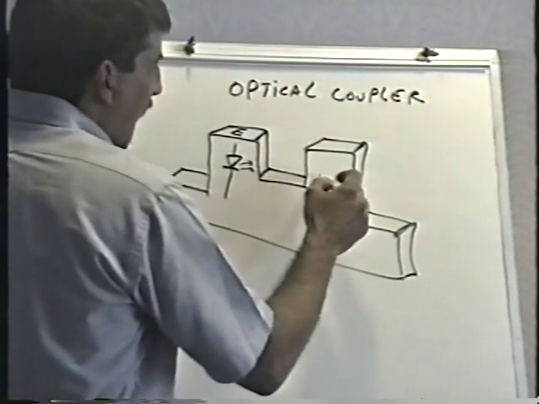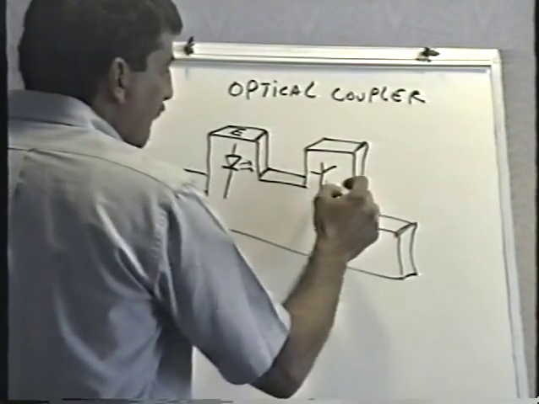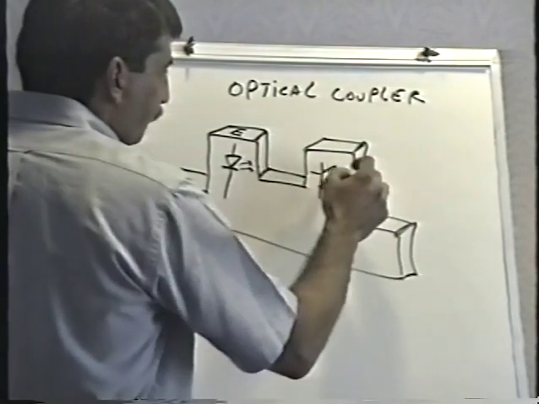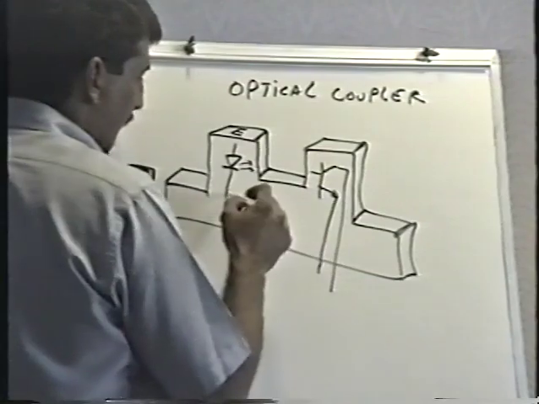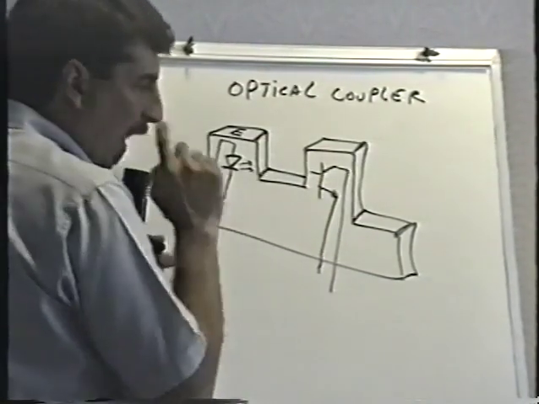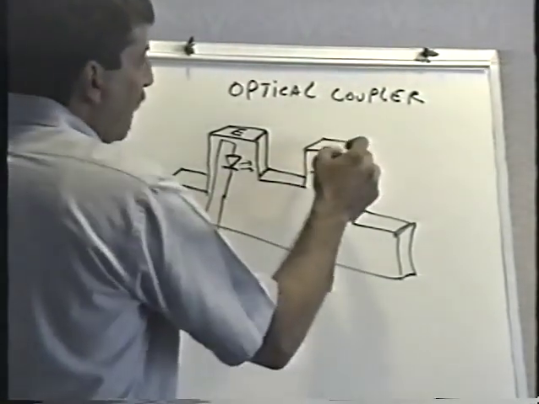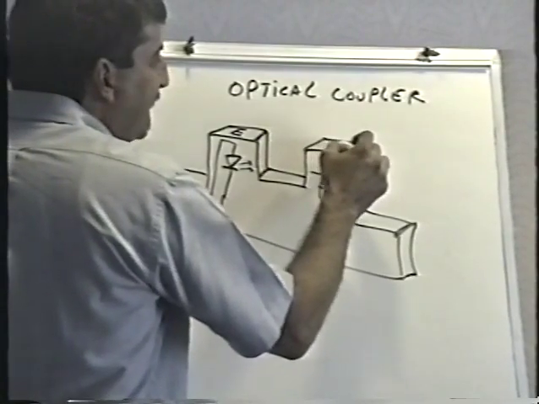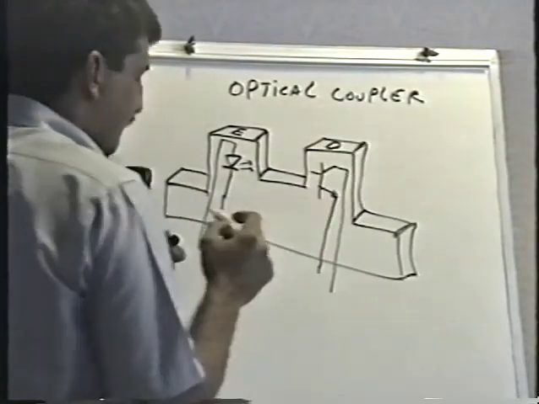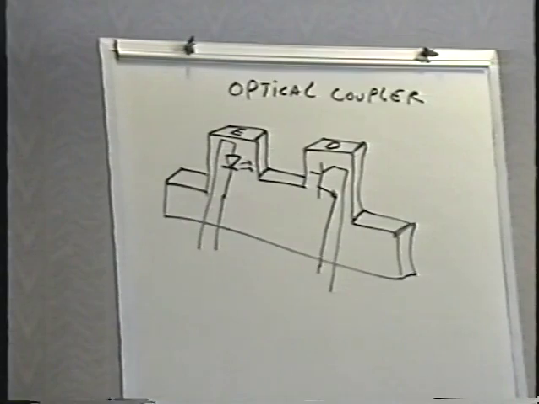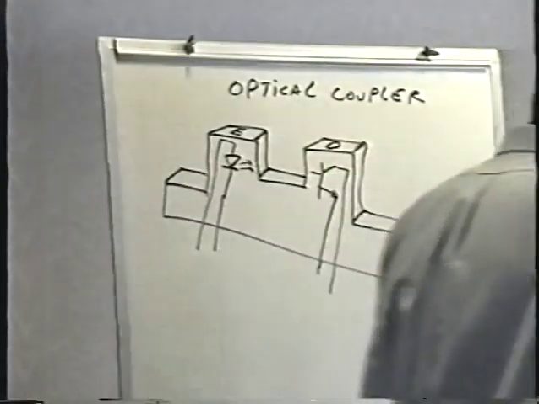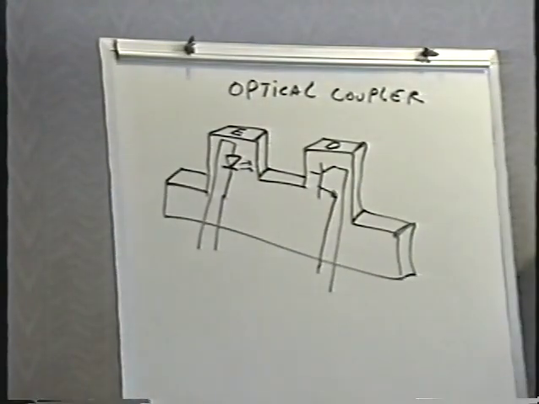On the other side is the phototransistor. There are 4 wires that come out of this thing, 2 for the emitter and 2 for the detector. So you'll see a little E on one side and a little D on the other sometimes, or you may actually see a drawing of the part itself, a little schematic symbol.